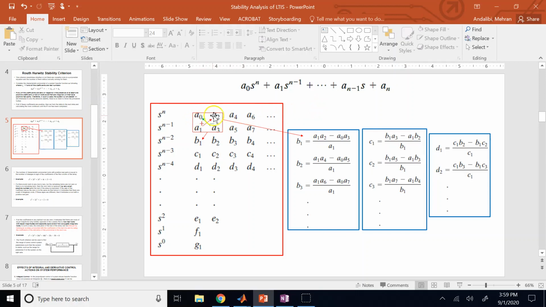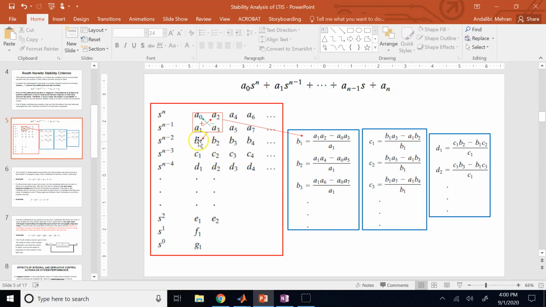And if you see the subscripts here, the indices of these parameters are all even numbers. For the next row, you start with the second term, and then again, every other term, you go forward until you get to the very end of it. So a1, a3, a5, a7, the coefficients with an odd subscript, go forward and add them to the second row. Now, from the third row, start calculating the numbers. How?